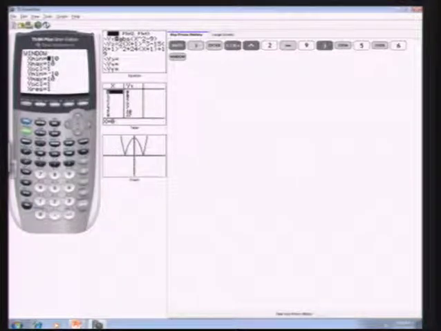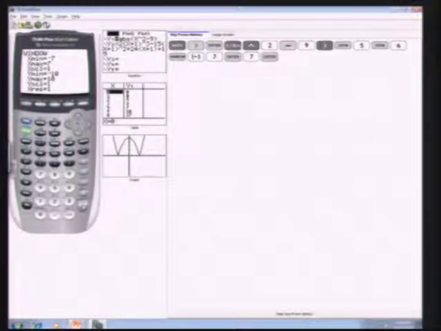So notice when I click on window here, I get x-min as -10, but I want the minimum to be -7. Now I use this little fella right here to indicate a negative number. This is for subtraction right here. So I put in a 7, hit enter, and then I want my maximum x to be a 7.